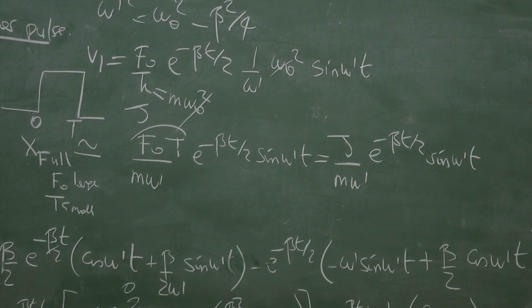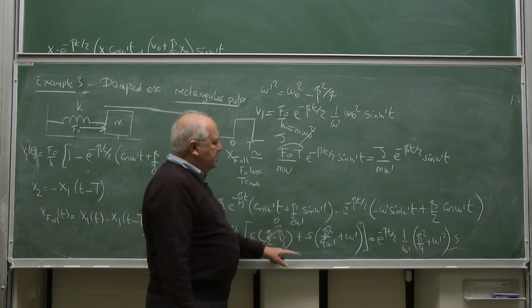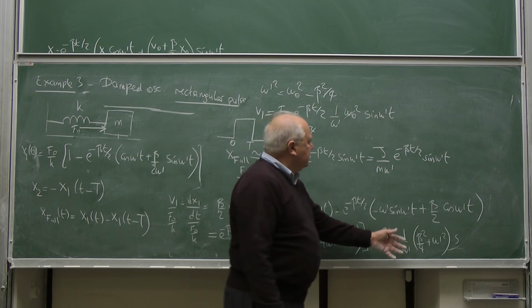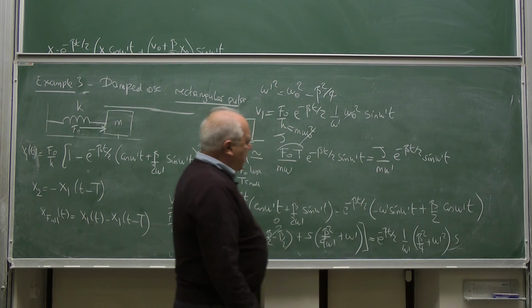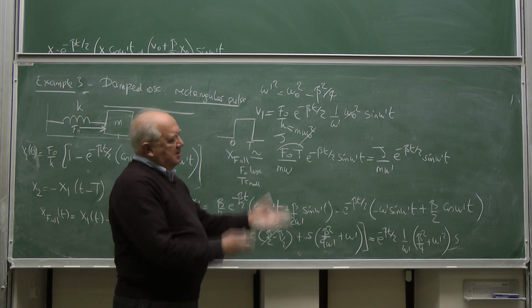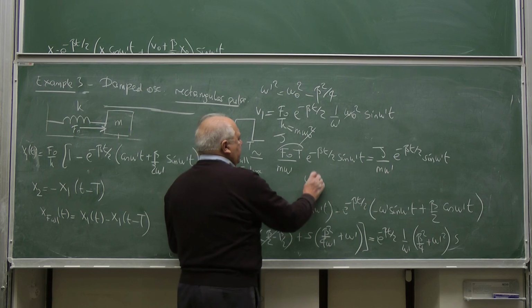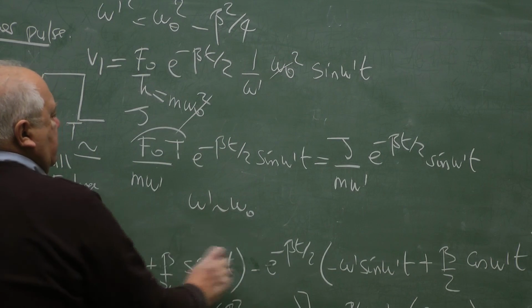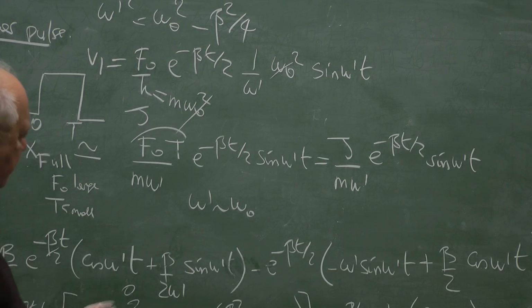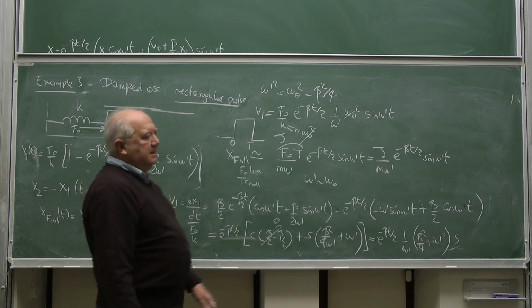Now, one technical point: I kept the full x in the derivation because the beta squared terms cancelled and we get the exact result. Otherwise, if you drop this term early enough, you still get basically the same result, under the proviso that omega prime is like omega 0. So if you make no distinction, you could have thrown this term out and calculated faster.